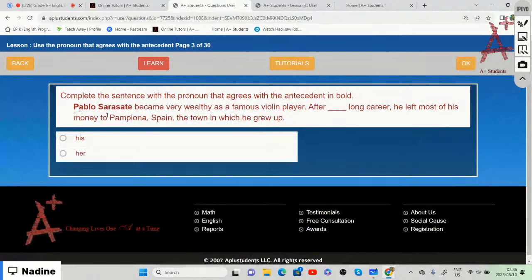Pablo Sarasate became very wealthy as a famous violin player after his long career. He left most of his money to Pamplona, Spain, the town in which he grew up. Right? So we're going to say his.